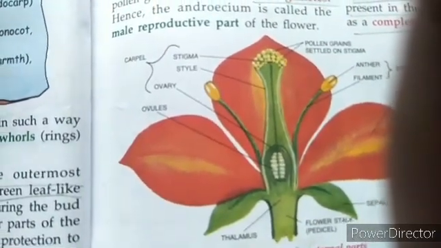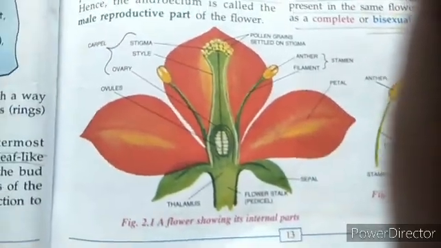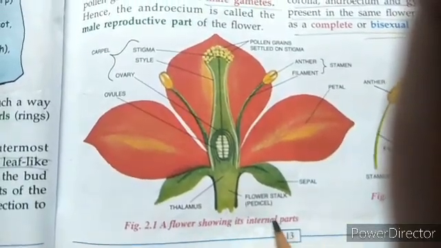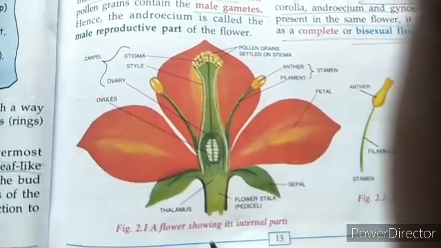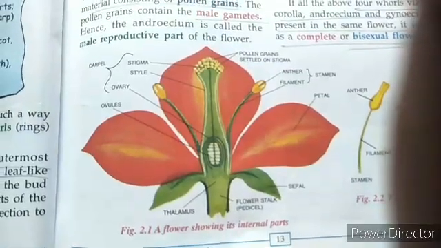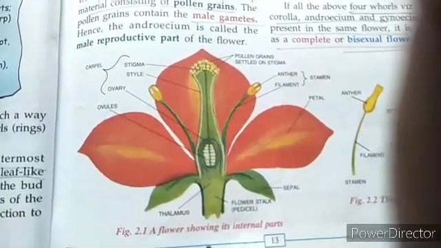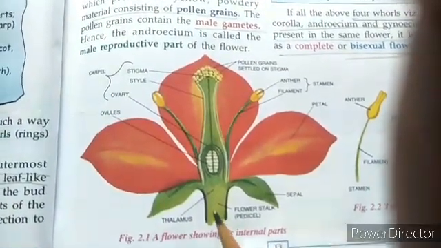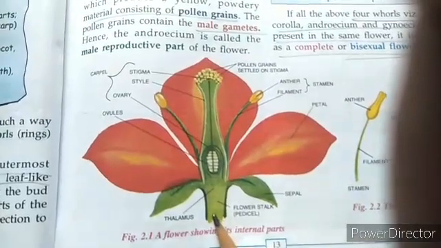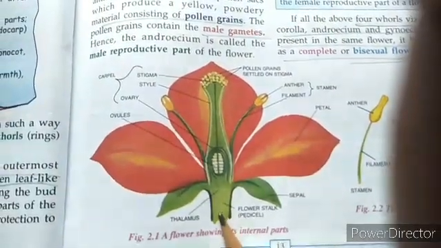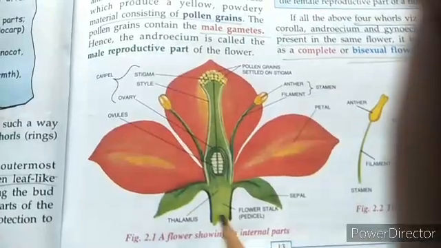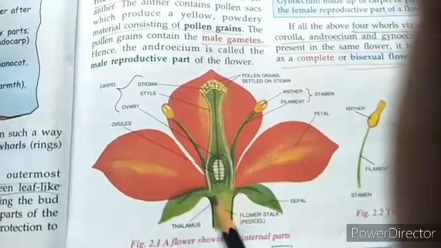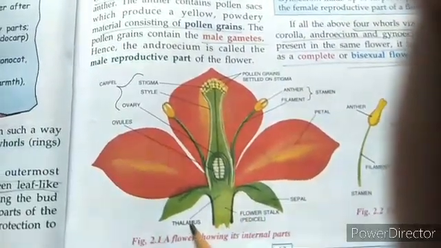And with this, I believe the structure is very much clear, as we see the flower showing its internal parts. If you have a good look at this diagram, it gives you a very good idea of the structure of a flower, which has a stalk-like pedicel that attaches the flower to the plant or to the branch. At the base there is a disc-like structure known as the thalamus.